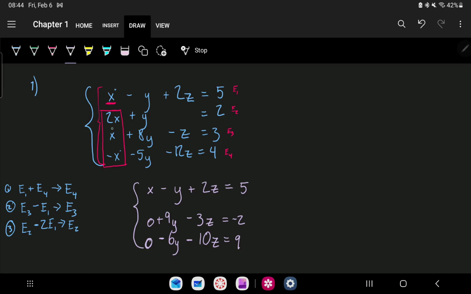So we're going to take equation 2 and then subtract 2 times equation 1. Actually, just so we're all on the same page, let me write it in green up here. If I multiply equation 1 by -2, that's going to give me -2x plus 2y minus 4z equals -10, right?